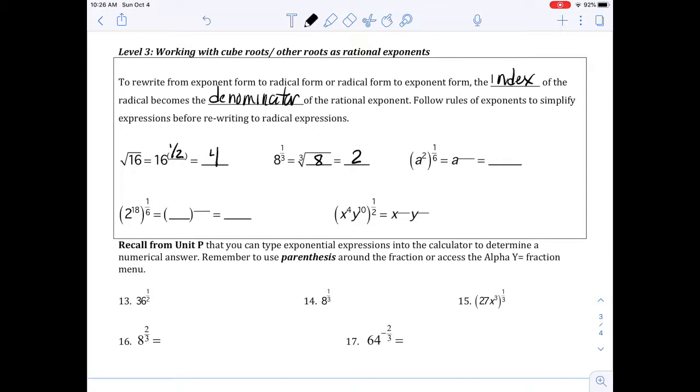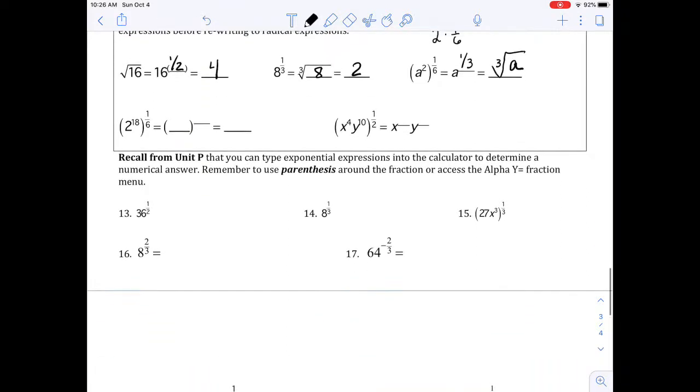A squared to the 1/6. Well, what's our rule of exponent? That's going to be 2 multiplied by 1/6, which is 2/6 or 1/3. And that converts to the cube root of a. 2 to the 18th raised to the 1/6.